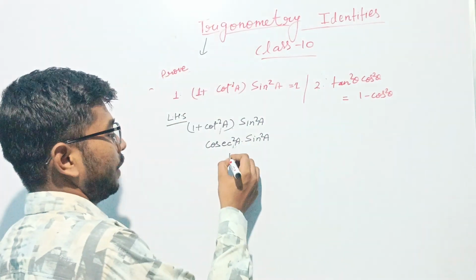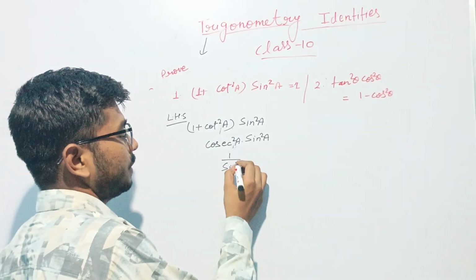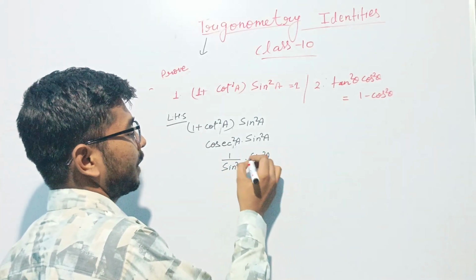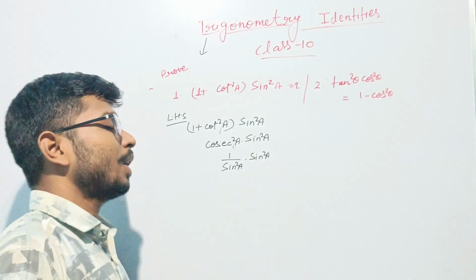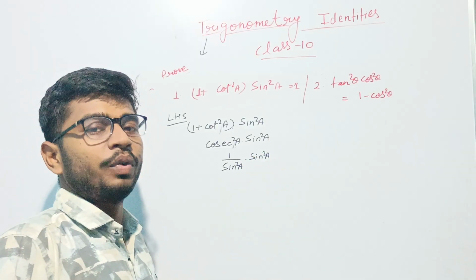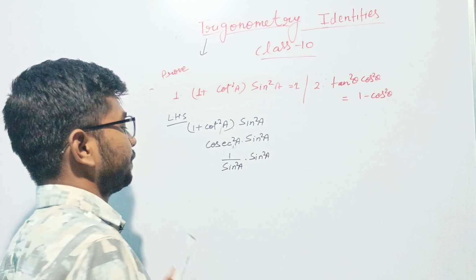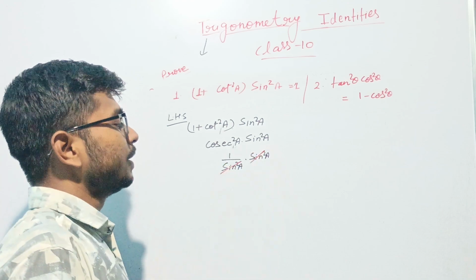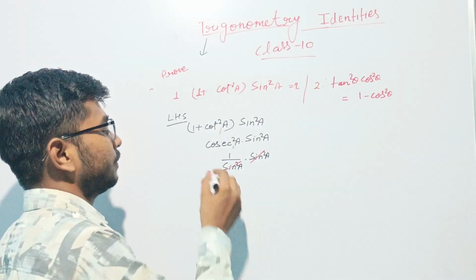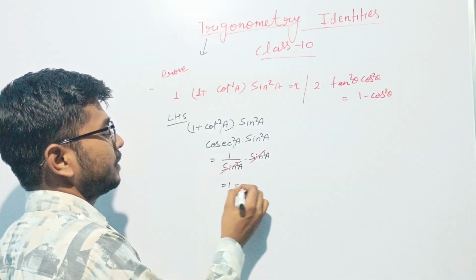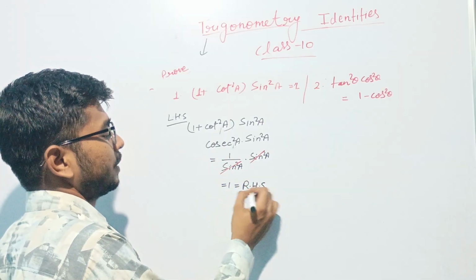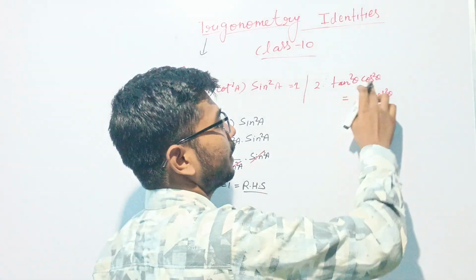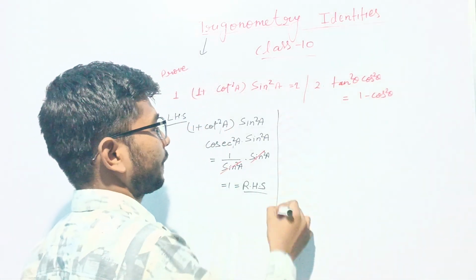So 1 upon sin square a into sin square a, there is already sin square a in multiplication. So sin square a and sin square a will cut, and we will finally get 1, and 1 is the right hand side, so this is proved.